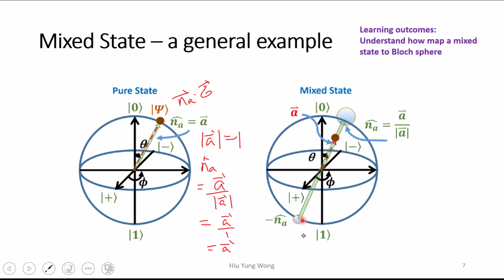They are orthogonal to each other, and they give the same density matrix as what we were given. And the length of A is the expectation value of the given state for this operator, right? Which is the trace of NA dot sigma times rho.